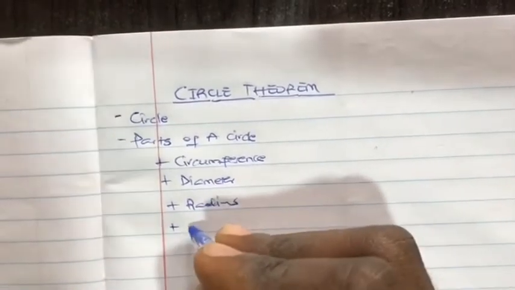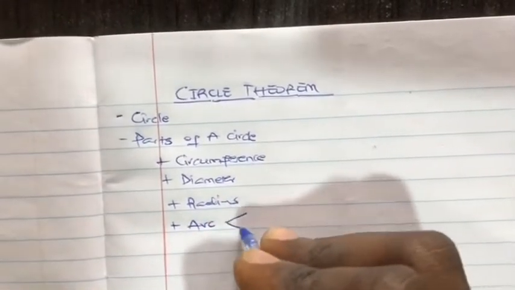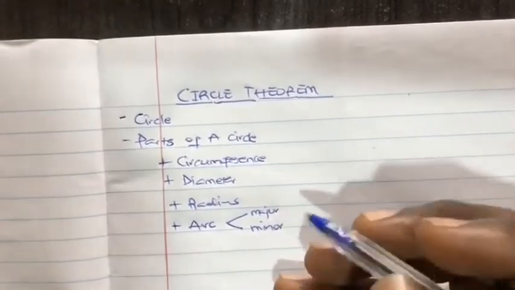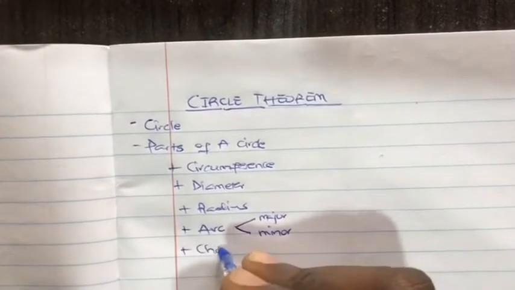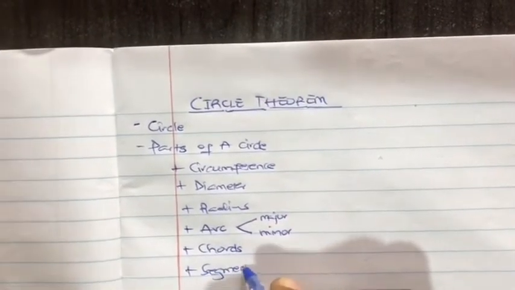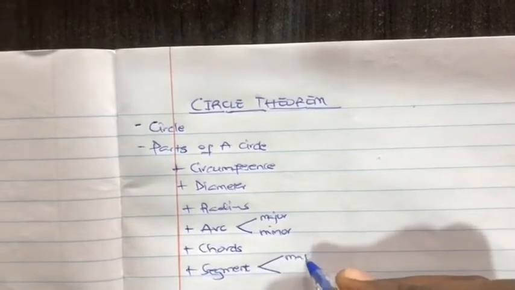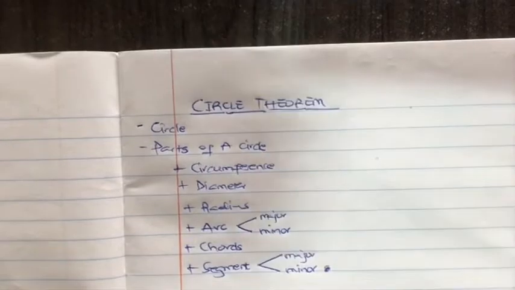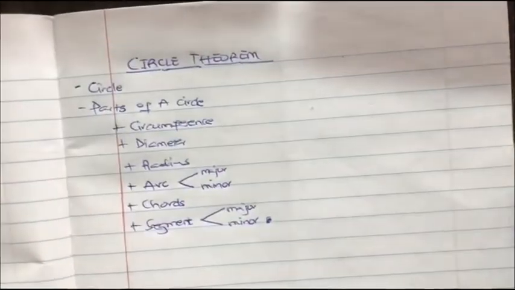Then we're going to talk about an arc, what a major arc is and what a minor arc is, and then chords and segments. We also have a major segment and a minor segment. So I'll have to draw a circle for you.